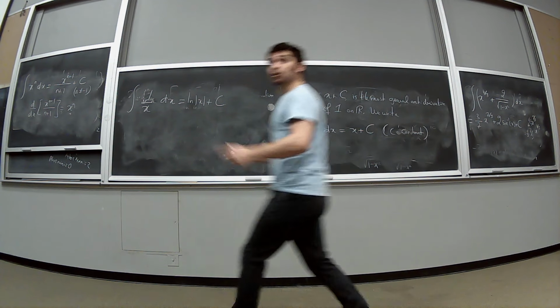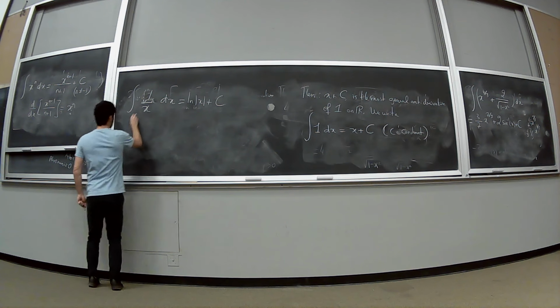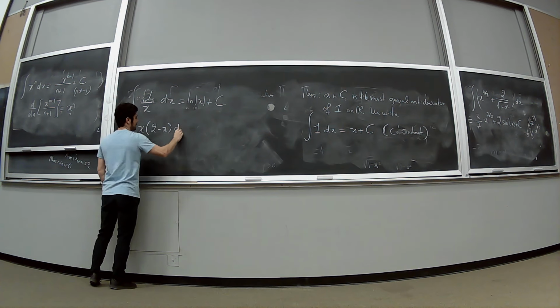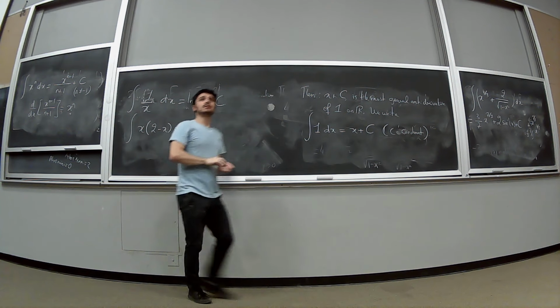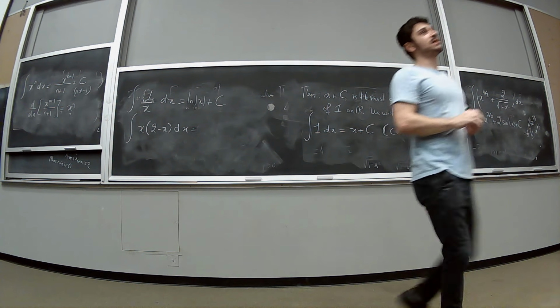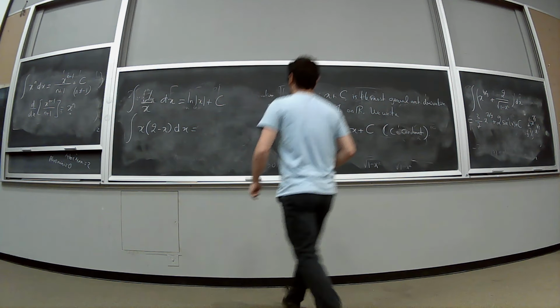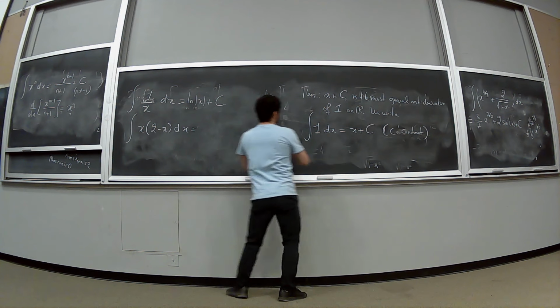Maybe we can do one more. Let's look at this one. An antiderivative of x times 2 minus x. Now, in Math 140, whenever you have a product or a quotient, you have to simplify it to a sum. It's very important to say in Math 140, right?